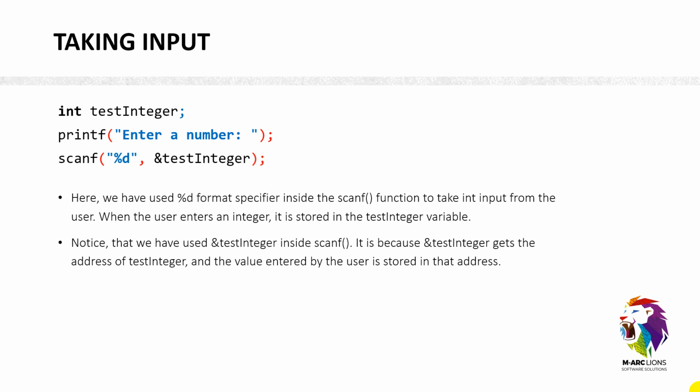As I have declared the integer variable testInteger here, I am using that variable in my scanf function as I was doing in the printf function, but the main and primary difference is that I am using the & sign to give the address of that variable so that I can store the value in it. With all kinds of data type variables we are going to use & to store values in addresses. So let's have a demo of it.